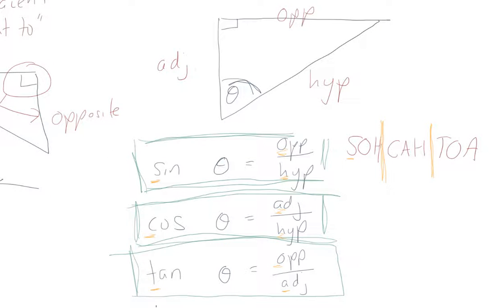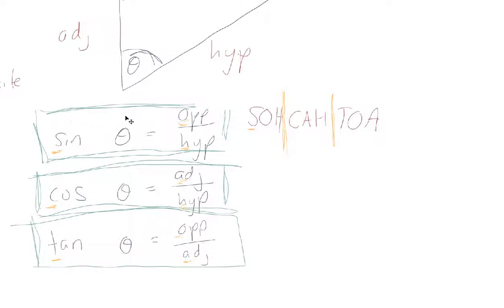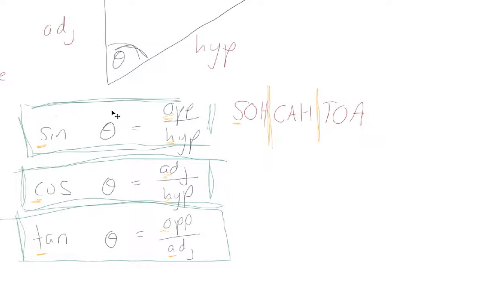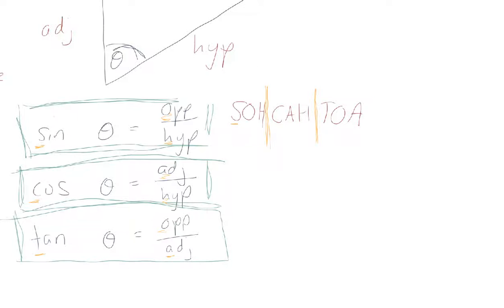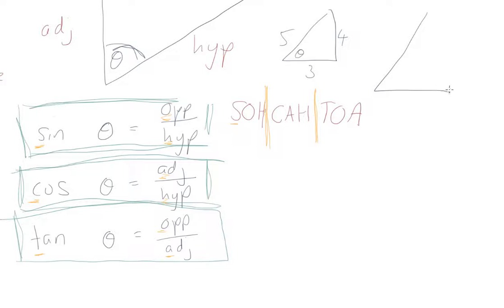Application of this is really important. If we pull out the example that we had before, I'll draw my 2 triangles up here a little bit smaller. We have theta here with sides 4, 3, and 5, and theta here with sides 10, 8, and 6.